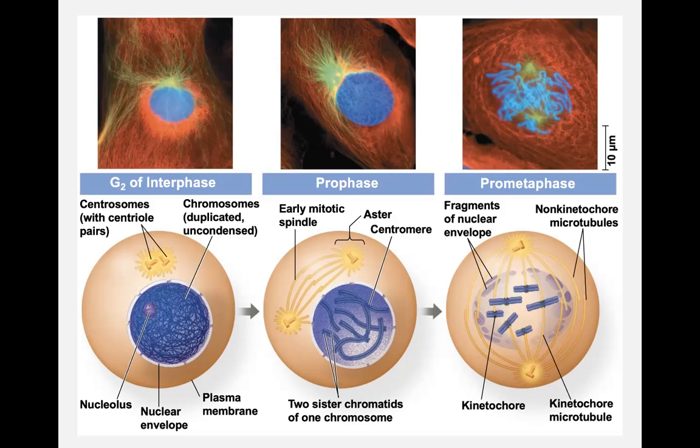Now they're coming over here and attaching to the chromosomes. So for you guys on Zoom, here's the spindle microtubules attaching to the chromosomes. That's what's going to pull them apart eventually. So those are the main events that happen in prophase and prometaphase.